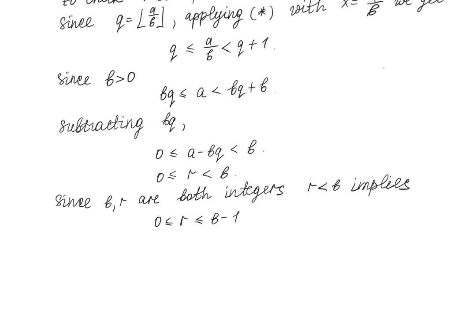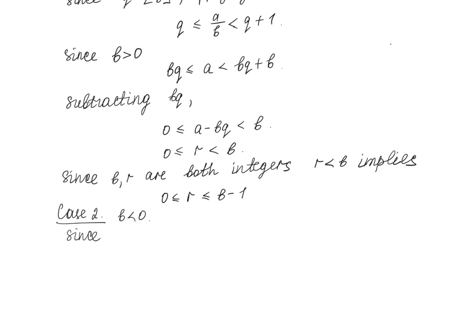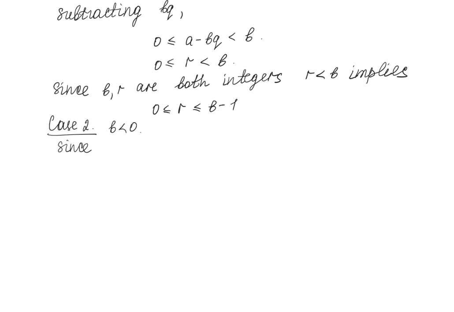Now let's prove case 2, when b is less than 0. We're going to prove this case using case 1's result. Since b is less than 0, we have minus b is greater than 0. So since minus b is greater than 0, we can apply the result of case 1.